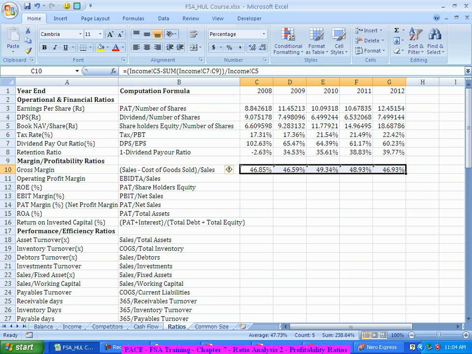In case these are higher, then I can very well say this company is losing out on profit because its cost of raw materials is much higher. So it has to find some other way of reducing that cost, because the other companies have a lesser value. So that way we can compare.